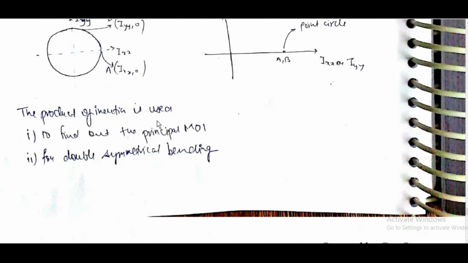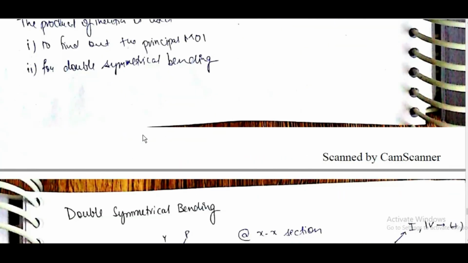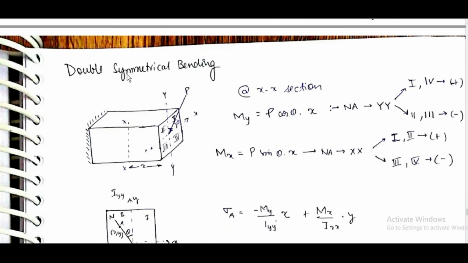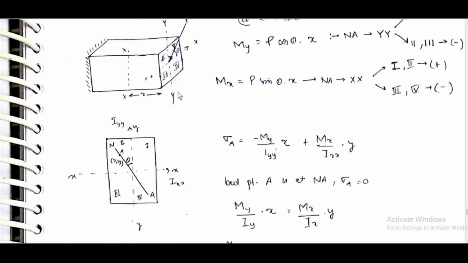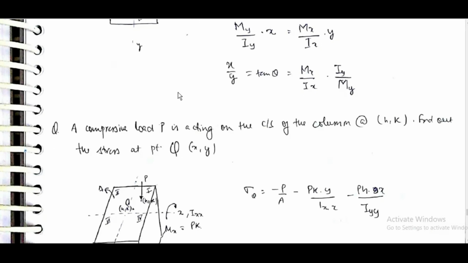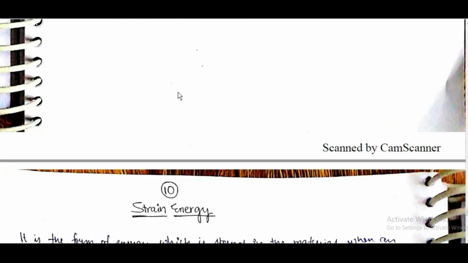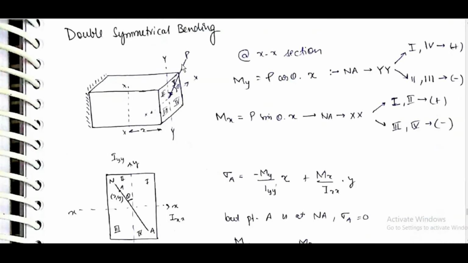The product of inertia is used to find out the principal moment of inertia for double symmetrical bending. Double symmetric bending: if P is applied like this at an angle theta, x, y, it is divided into the 4 coordinates 1, 2, 3, 4 at the x section.